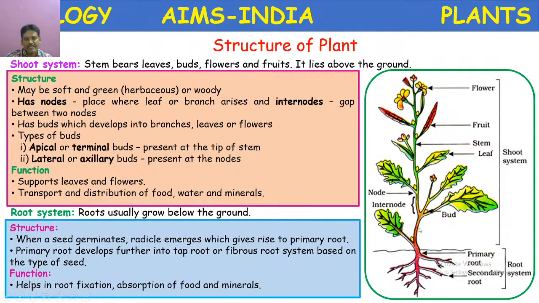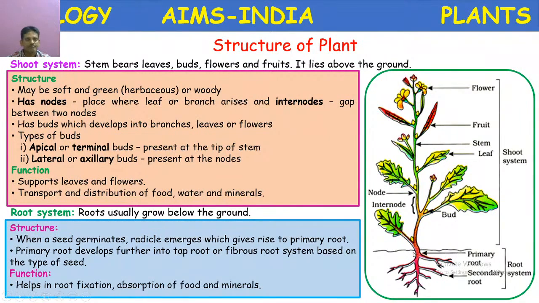And it also transports various substances like water, mineral salts, and food to different parts of the plant through the special tissue present in it. From the roots, after absorption, the stem distributes these to all parts of the plant, from the base up to the tip.